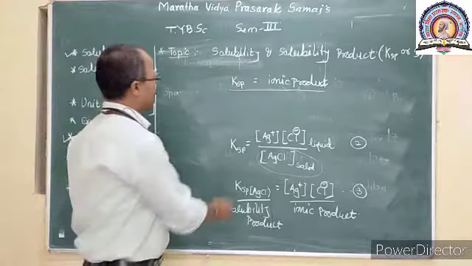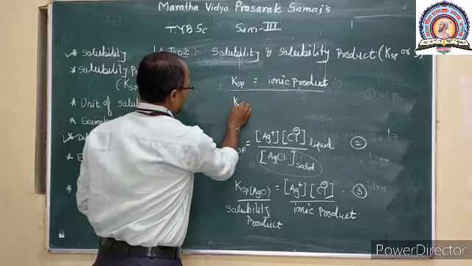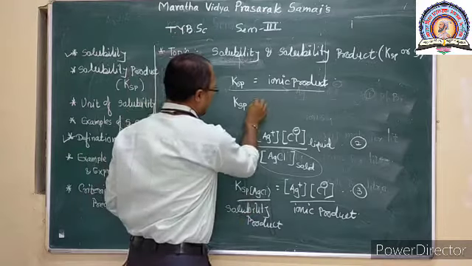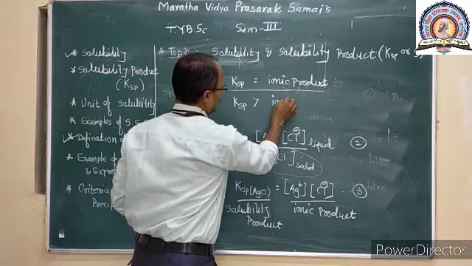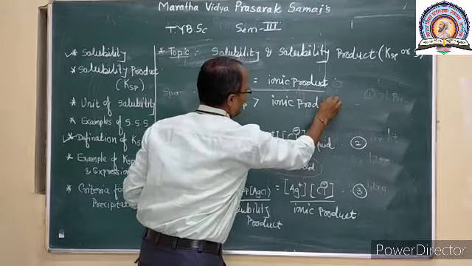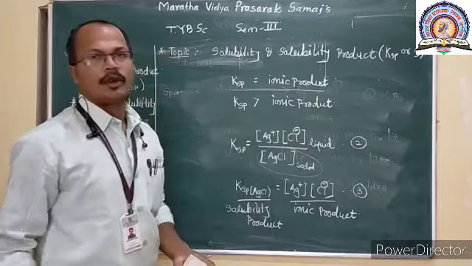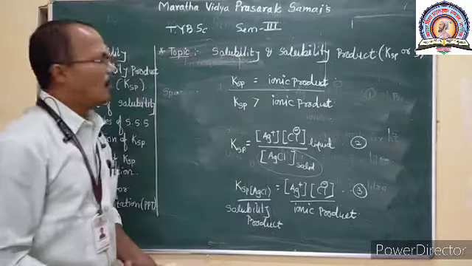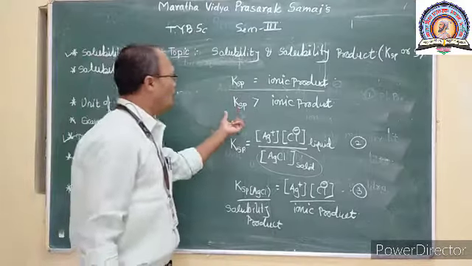There are equal probabilities of the ions as well as the solubility product. In another case, the KSP, the solubility product, is greater than the ionic product, and here there is no precipitation.